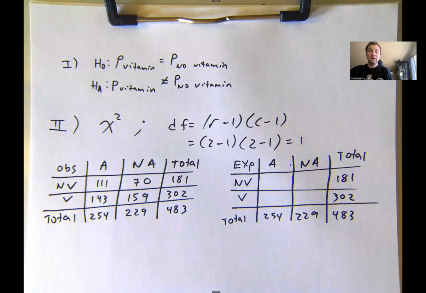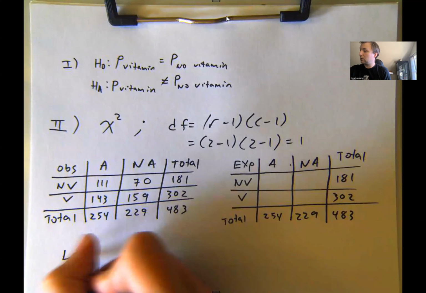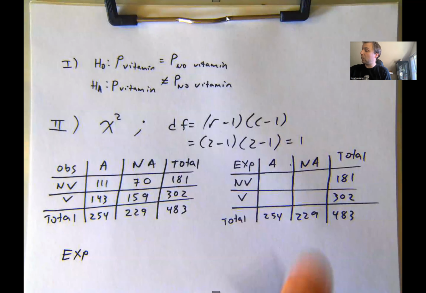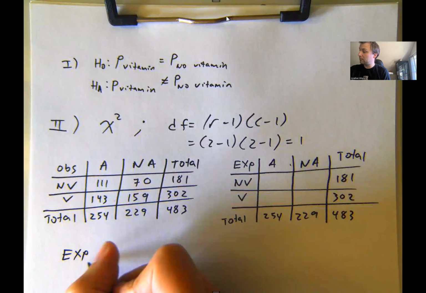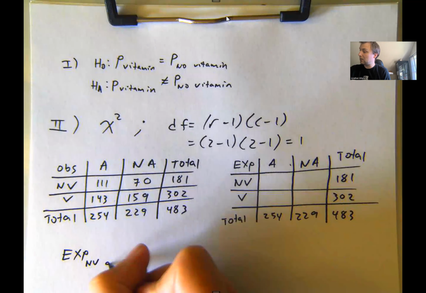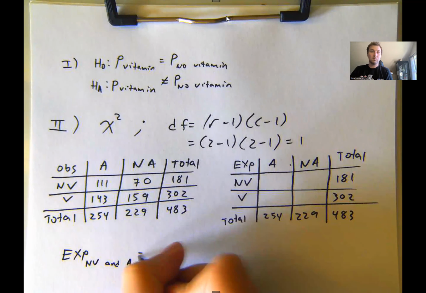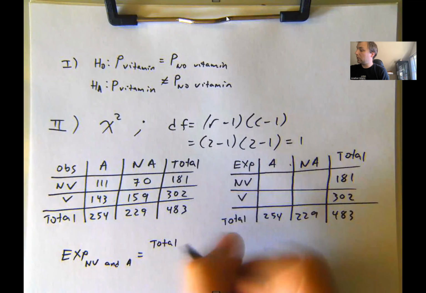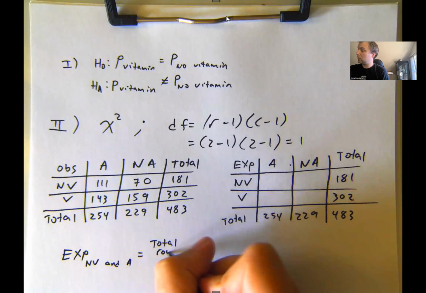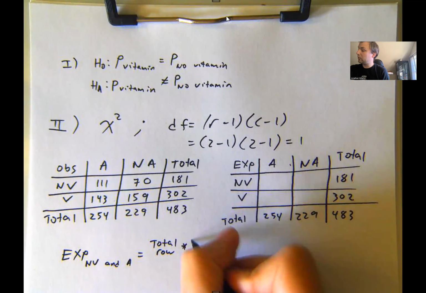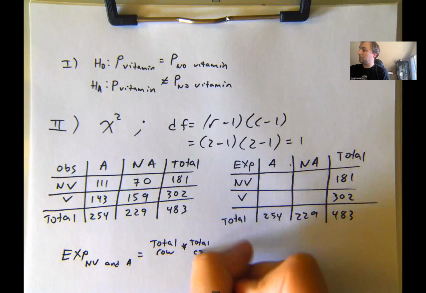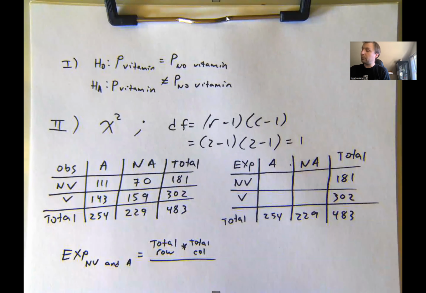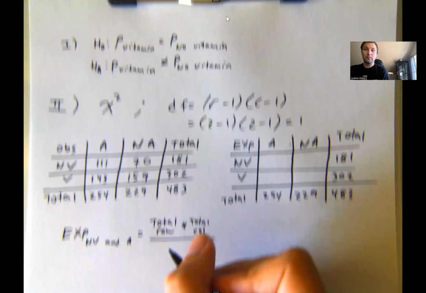To find any of the inside values for the expected, for example, the expected for no vitamin and autism, you will take the total for the row multiplied by the total for the column, and you'll divide this by the overall total.